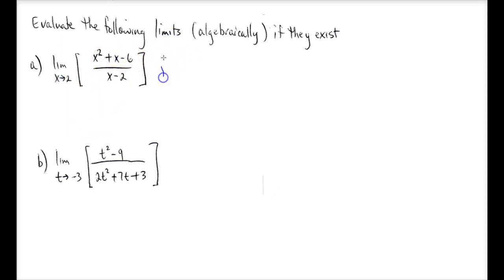and we'll start off by trying to factor the numerator, since the denominator doesn't have much to work with. We'll see here that this is x plus, x minus, and the factors of 6 are 2 and 3. Since we need a positive number in between, we'll put 3 here and 2 there.